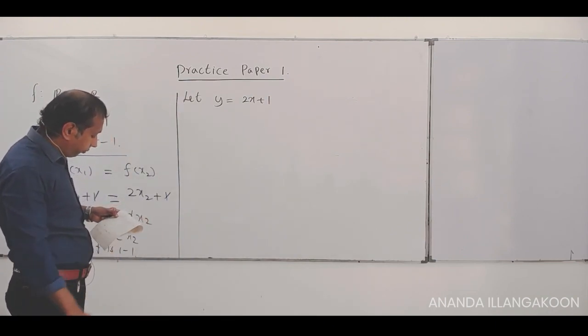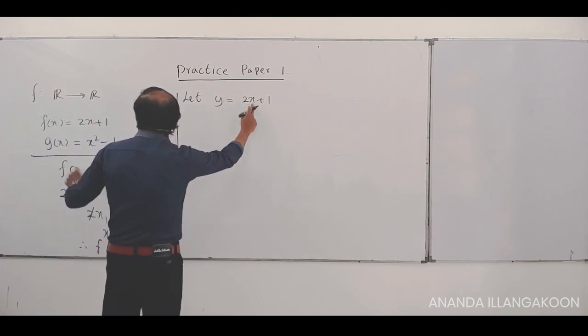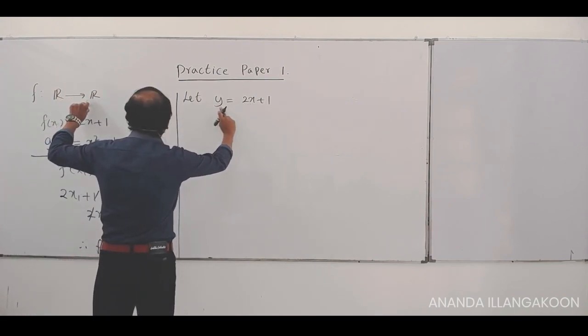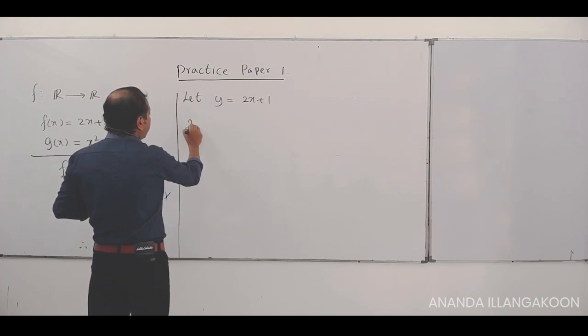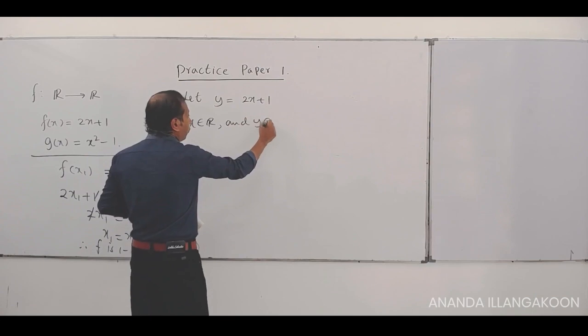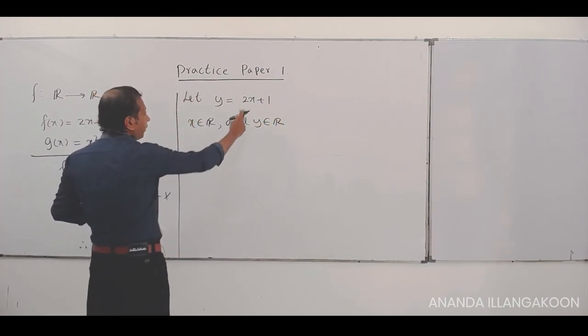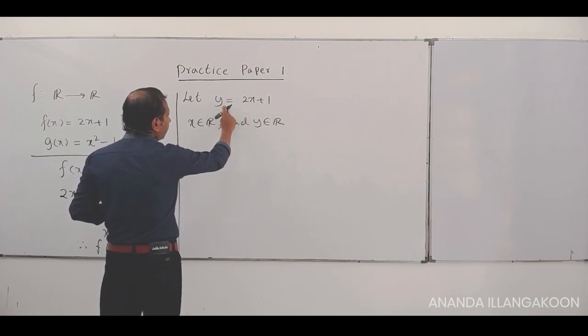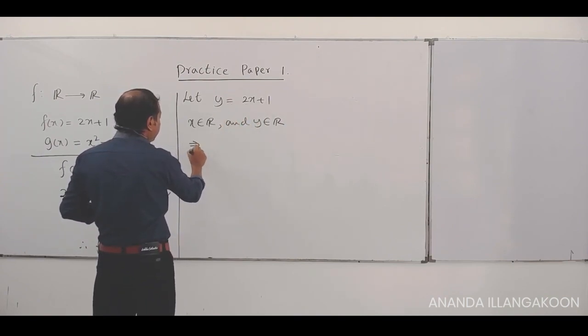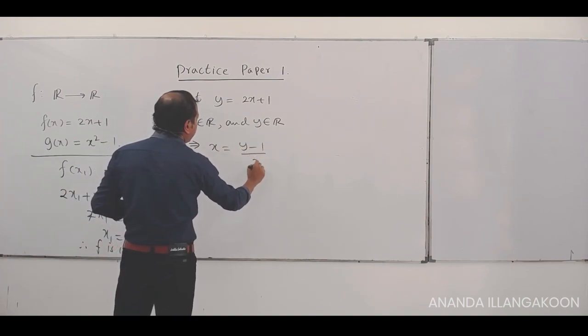Now here x is in the domain R, y is in the codomain R. x belongs to R and y also belongs to R. Now we have to show this way. We make x the subject, taking this one to this side and dividing by 2. This gives us x equals (y minus 1) divided by 2.